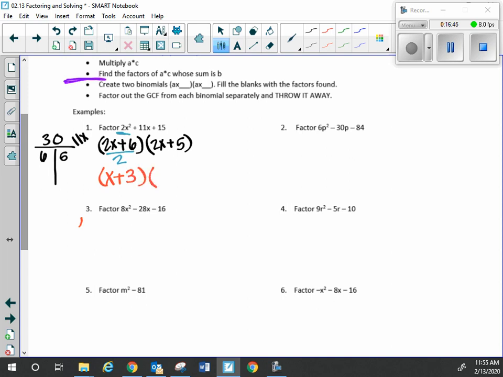And I leave the second one alone. Now, if I multiplied it, do I get 2x squared? Do I get 15? Yes. That is it. Okay?